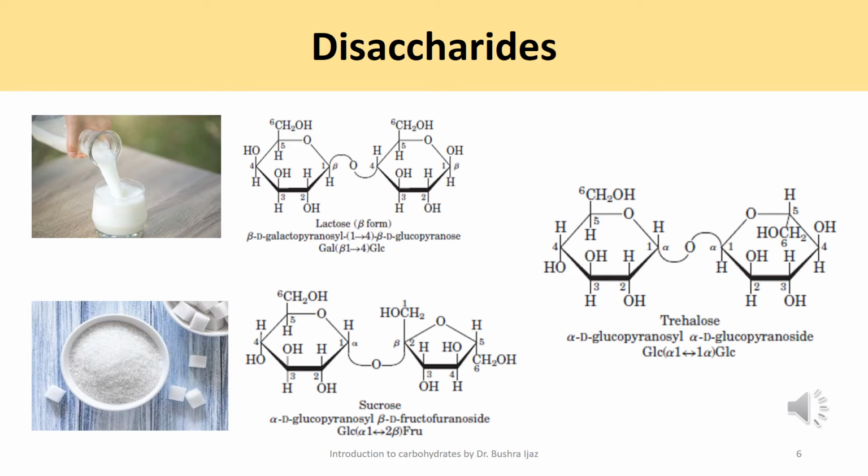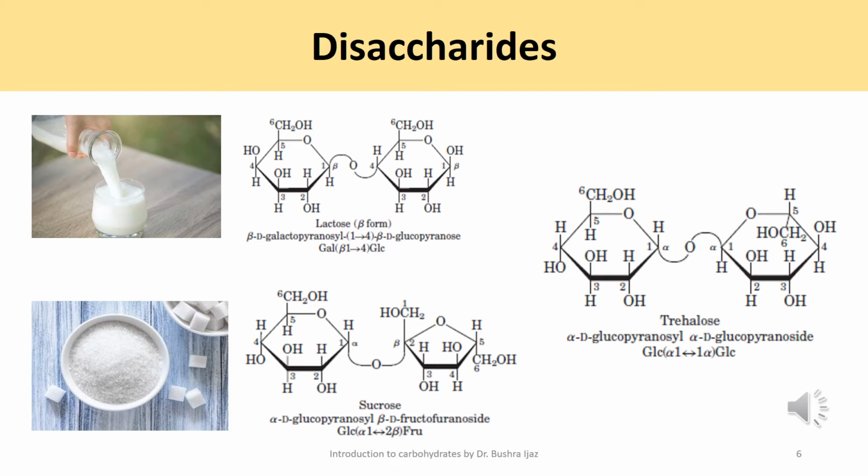In the abbreviated nomenclature, a double-headed arrow connects the symbols which specify the anomeric carbons and their configuration. For example, the abbreviation for sucrose is written as glucose alpha 1 to beta 2 fructose unit, or fructose beta 2,1 alpha glucose unit.